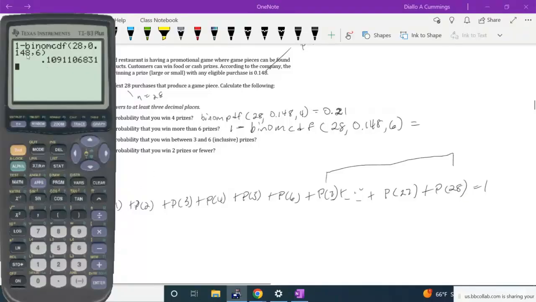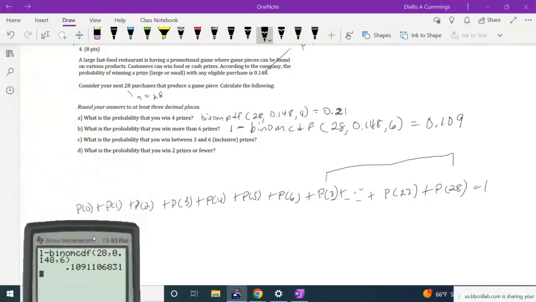If we round to 3 decimal places, 0.109. So that's a probability of winning more than 10%.